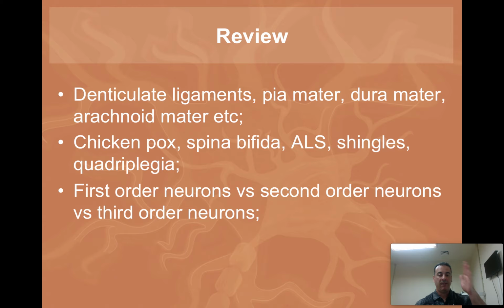We have ipsilateral versus contralateral tracts. Those tracts are why we have some information on one side of our body integrated from one side of our brain and vice versa. These tracts cross over. That's why we have the ability to use both sides of our body and different sides of our brain. First order neurons versus second order neurons versus third order neurons. Be familiar with those orders.